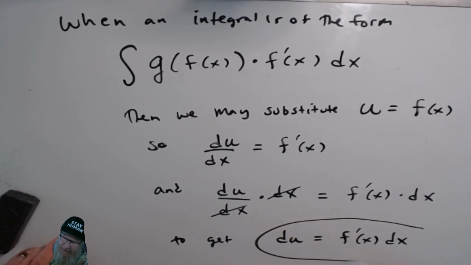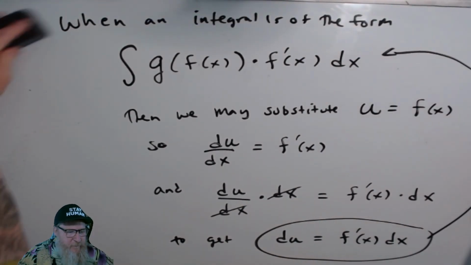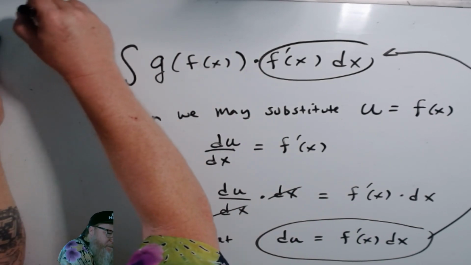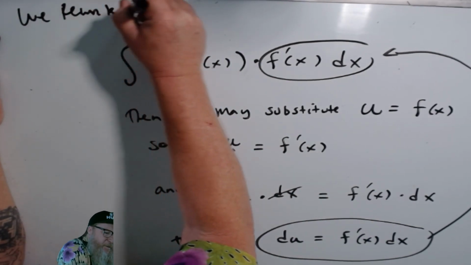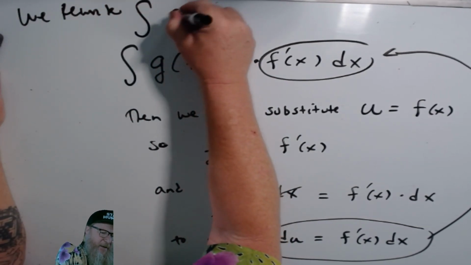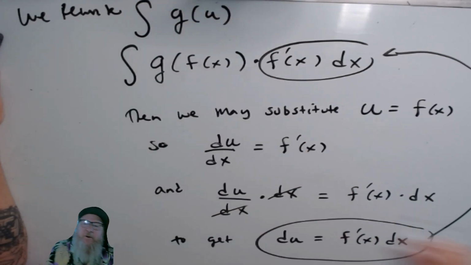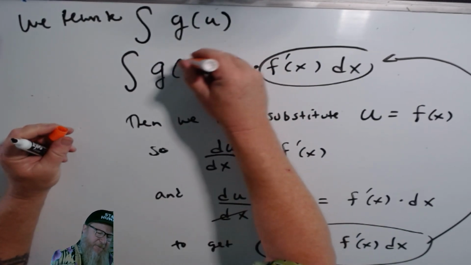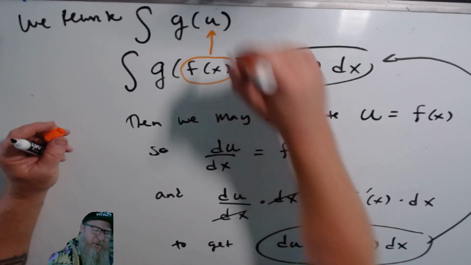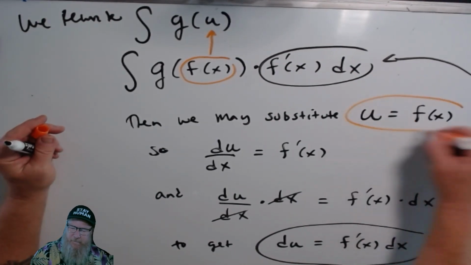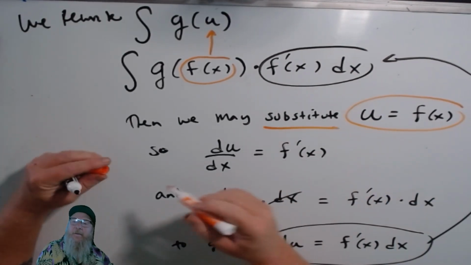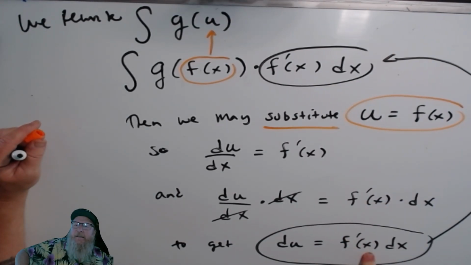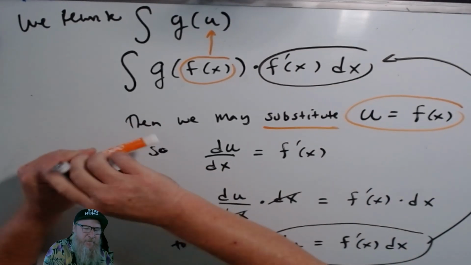And then we rewrite the integral as a function of u. So the f of x becomes u by the substitution, and the f prime of x dx becomes du.